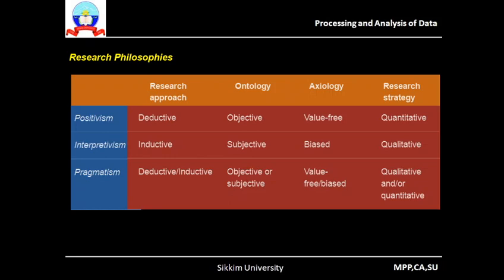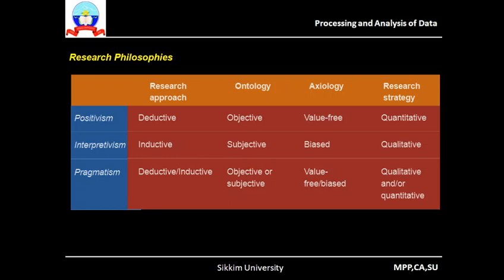Based on research philosophies, we can adhere to different research approaches. The ontology may be different, axiology may be different, and research strategy may be different. For example, in case of positivism, we may use a deductive research approach with an ontology being objective and axiology being value-free, and the research strategy may be quantitative in nature.